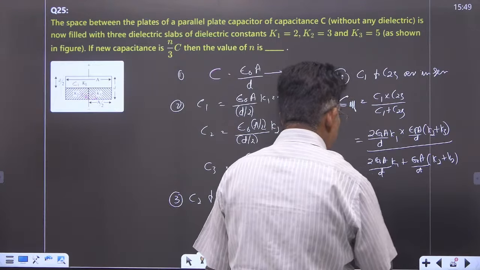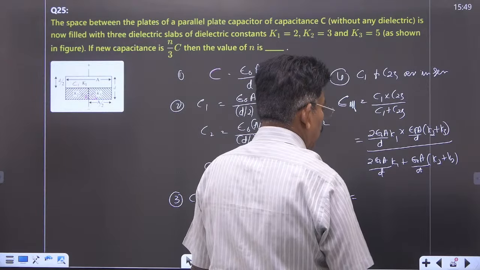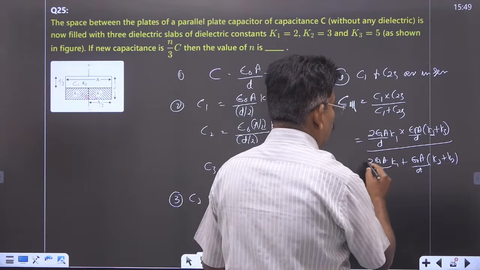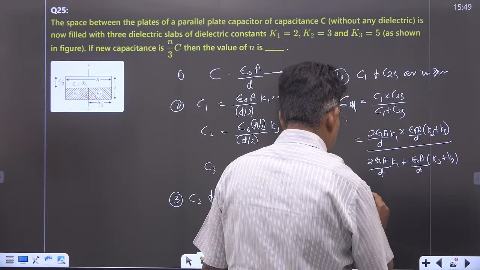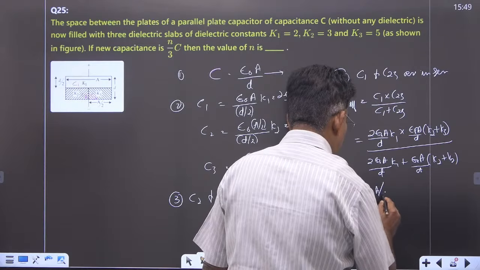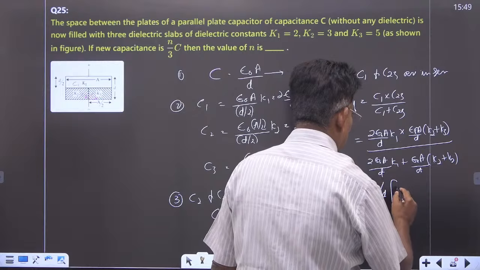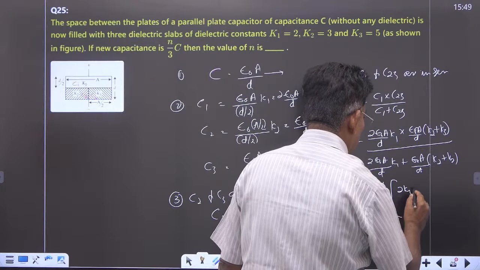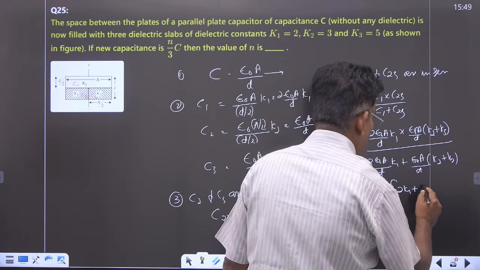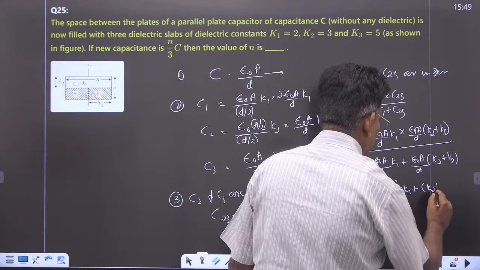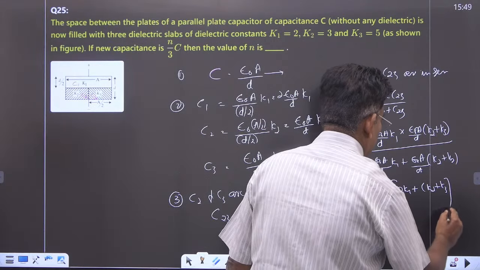Anything common, I can take it out. Epsilon 0 A by D, I take it out. What is left in the numerator? 2K1 into K2 plus K3.